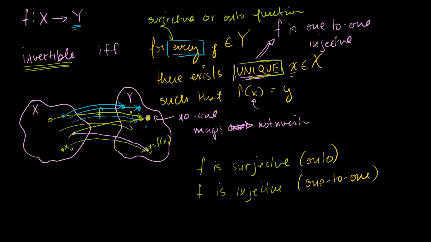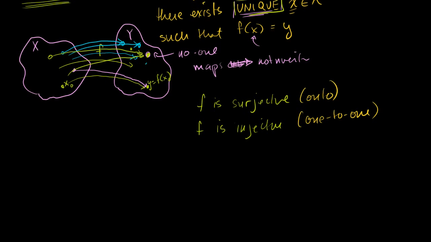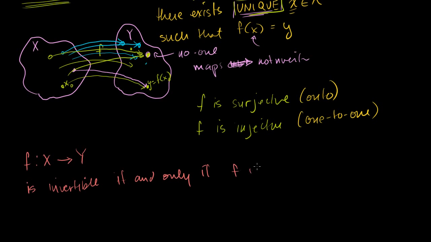So using the terminology that we learned in the last video, we can restate this condition for invertibility. We can say that a function that is a mapping from the domain x to the codomain y is invertible if and only if f is both surjective and injective.